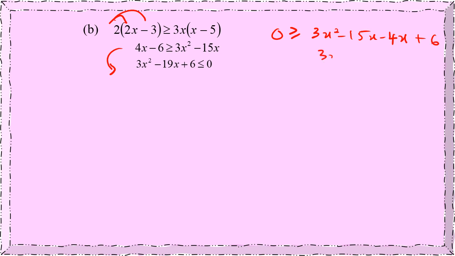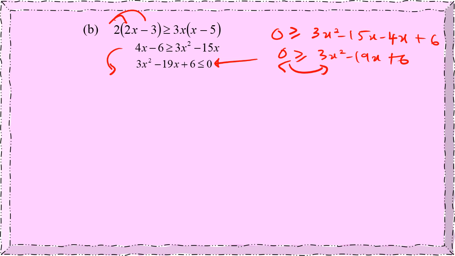That's why we have 3x squared minus 19x plus 6. This is the opposite. So if we want to swap, the sign will change into less than. That's why we get this equation.